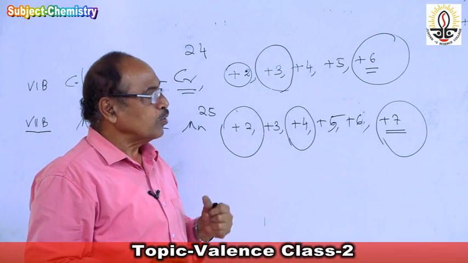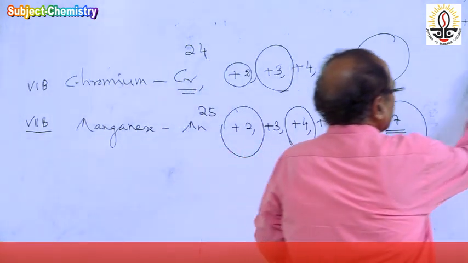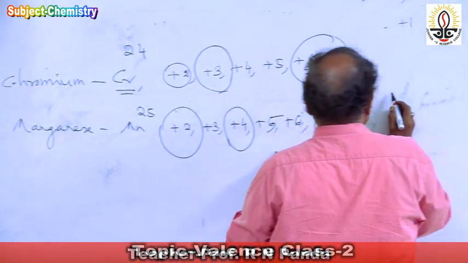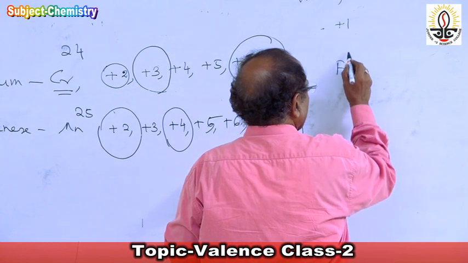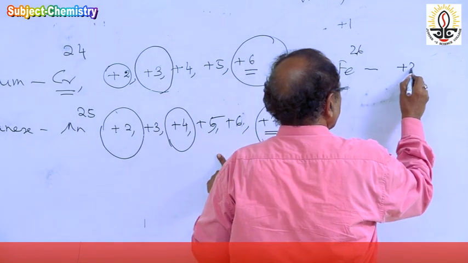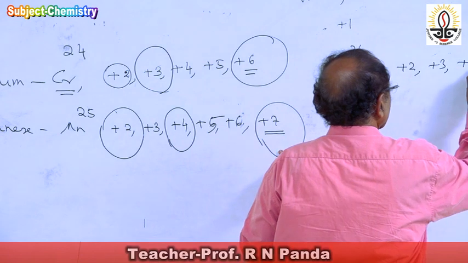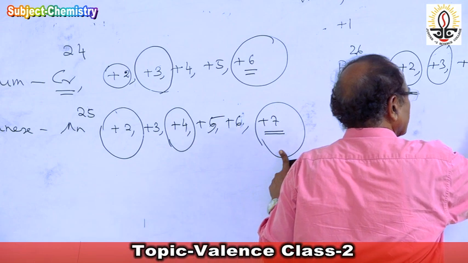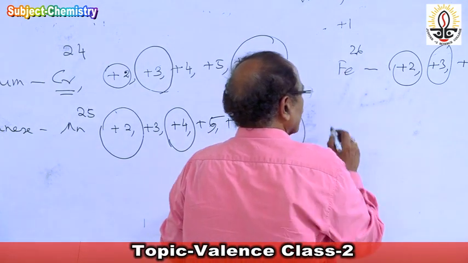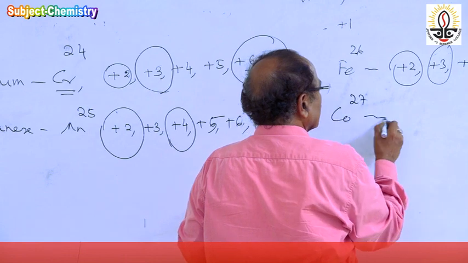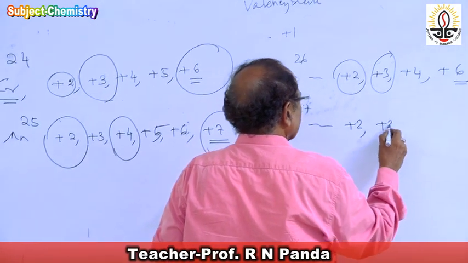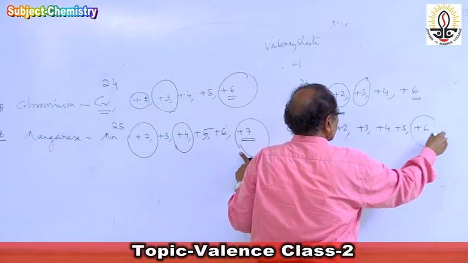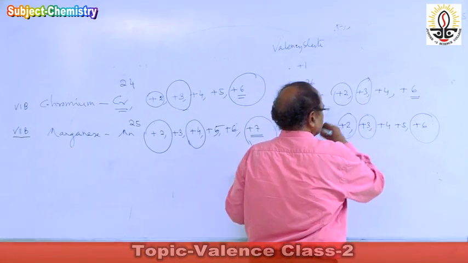Now iron and cobalt. Iron, Fe, atomic number 26, exhibits plus 2, plus 3, plus 4, plus 6, but generally it exhibits plus 2 and plus 3 oxidation states. Cobalt, atomic number 27, exhibits plus 2, plus 3, plus 4, plus 5, plus 6, but generally plus 2 and plus 3.